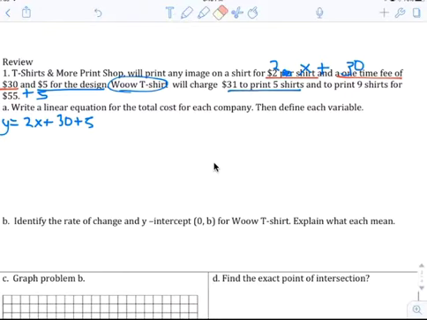Remember, if you got x and y, cost is always y. x is the number of t-shirts. So 5, 31. Cost is always the dependent. And 9 shirts for $55.